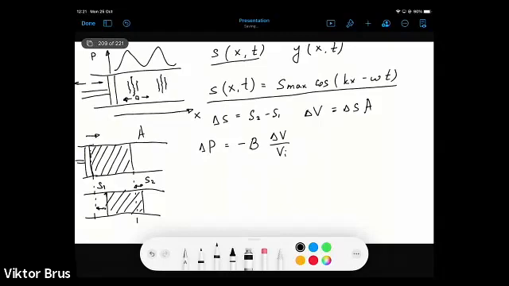So here B stands for bulk modulus, which relates the change in volume and change in pressure in gases. This bulk modulus is a property of the material, of the gas in our case, and for different gases it will be different.